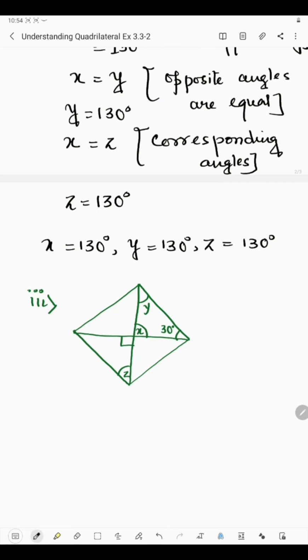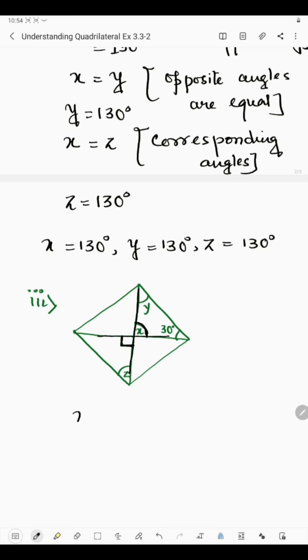Now see in this figure we have y here, x is here, z is here, and we need to find the values of x, y and z, and this angle is 30 degrees. Now this sign is given, this sign means it is 90 degrees. Now these two are intersecting lines, and when two lines intersect at any point, then vertically opposite angles are equal.